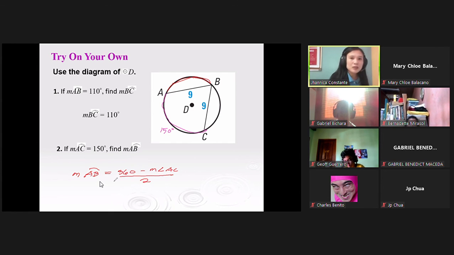Since the total measurement of the circle is 360. So 360 minus the measurement of arc AC, divided by 2.